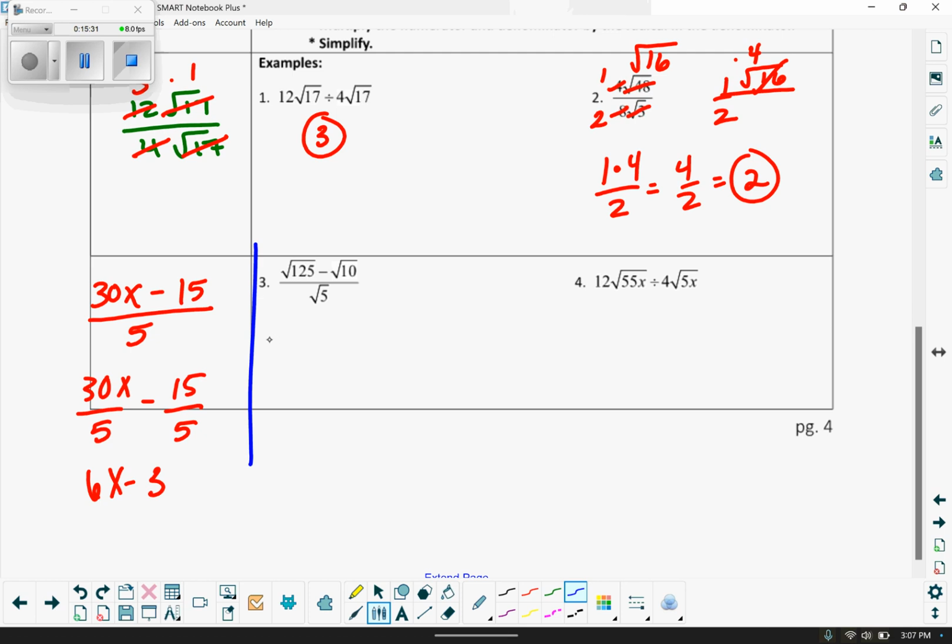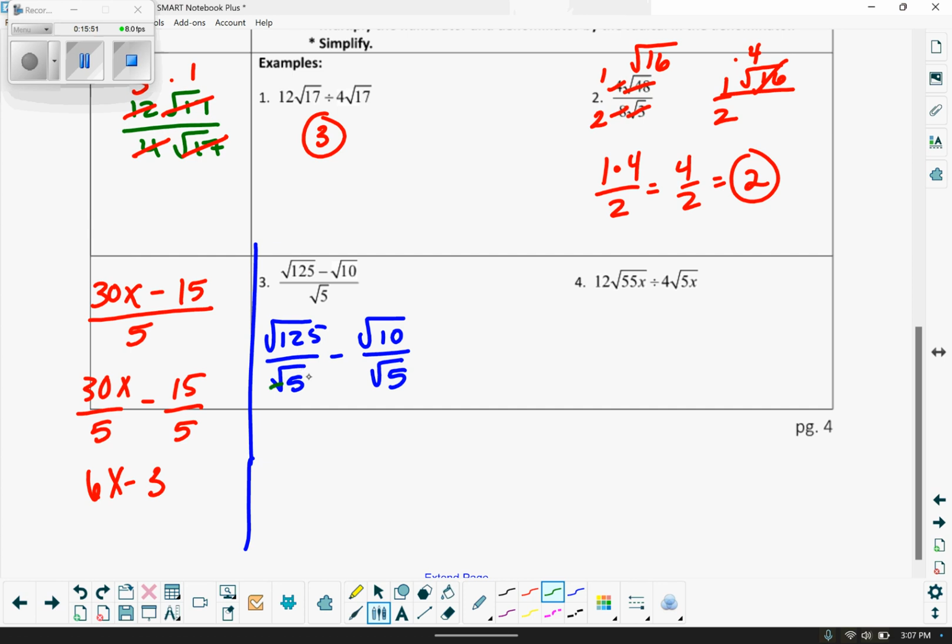And I'm going to say I have the square root of 125 over the square root of 5 minus the square root of 10 over the square root of 5. And we're going to simplify each of those separately. So the square root of 125, well, I don't know that for sure, but I know 5 goes into 125 because they both end in a 5.